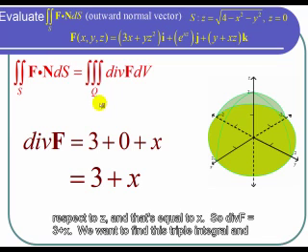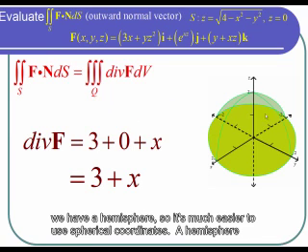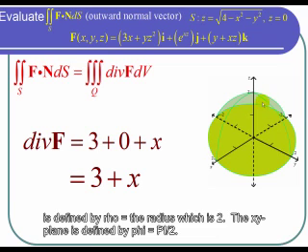So we want to find this triple integral, and we have a hemisphere, so it's much easier to use spherical coordinates. A hemisphere is defined by rho equal to the radius, which is 2, and then the xy plane is defined by phi equal to pi over 2.